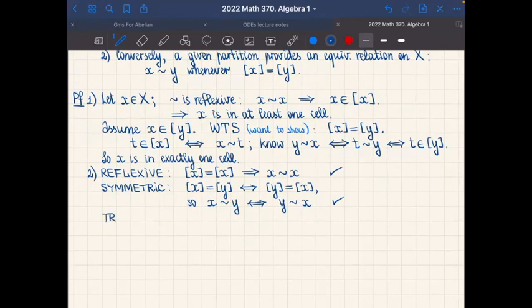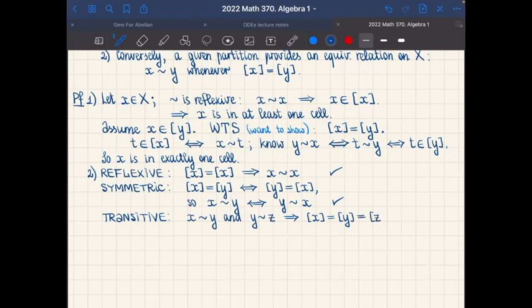And let's see that this relation is transitive. If x is equivalent to y and y is equivalent to z, then the three cells are equal.